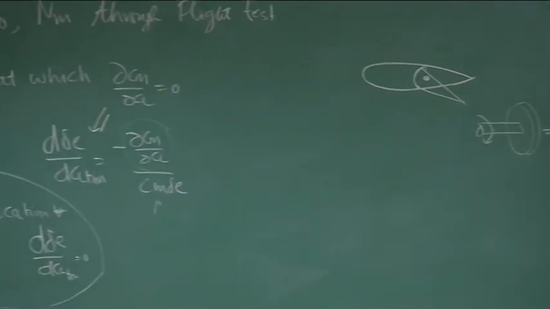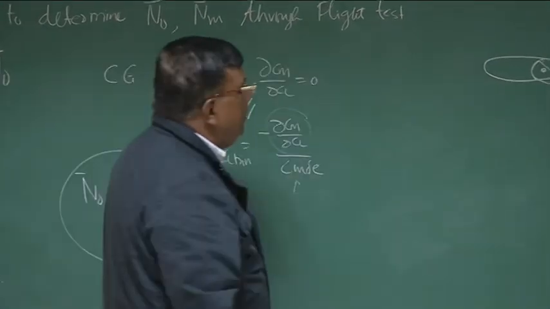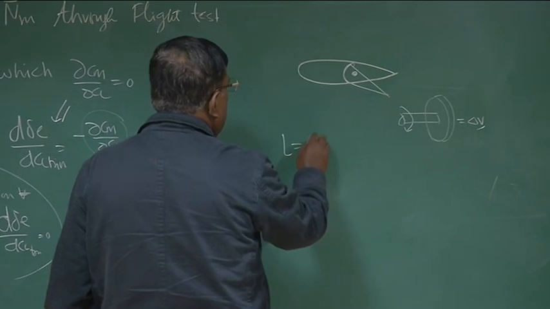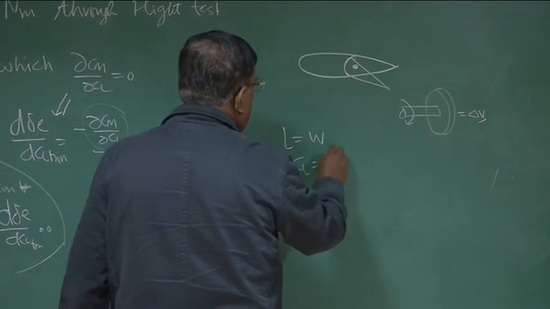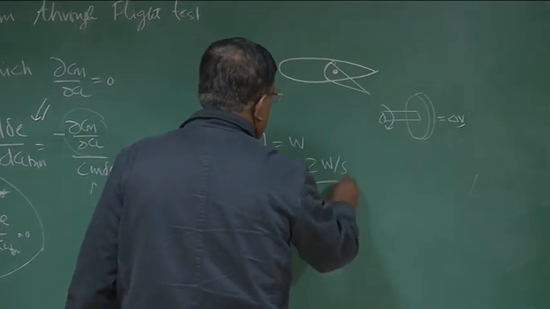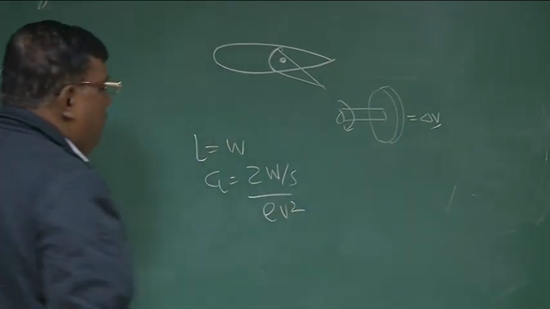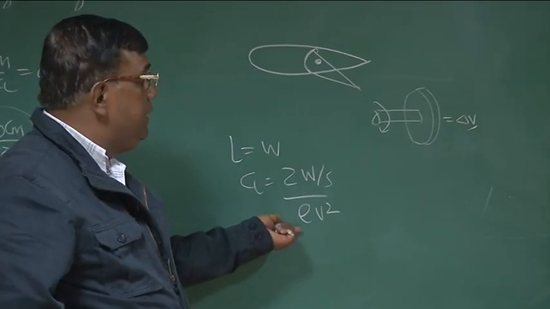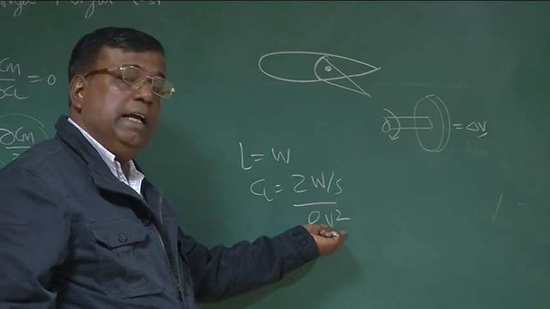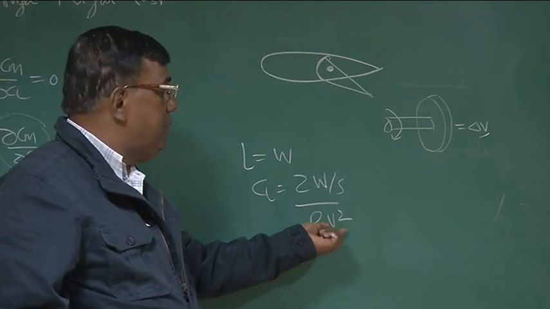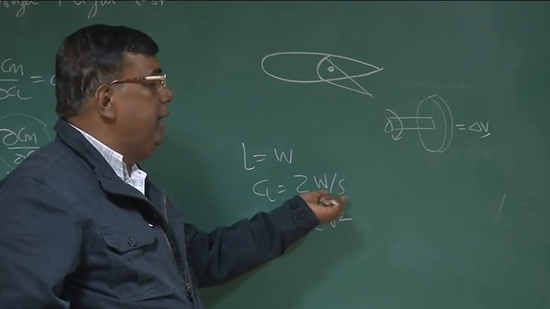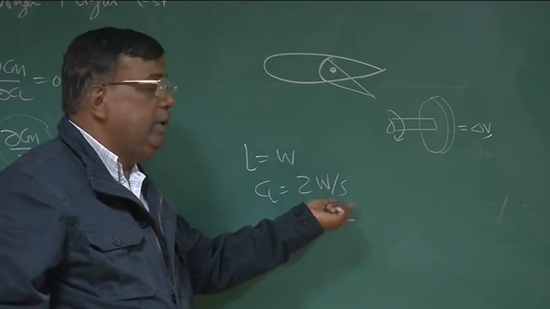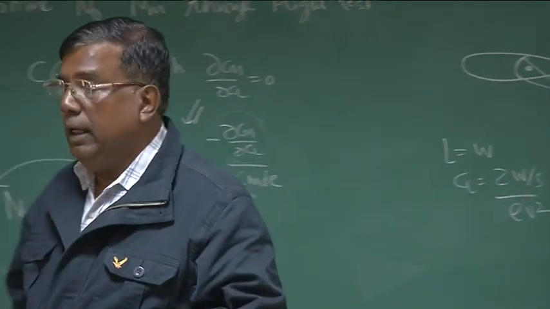So it is easy to measure, and CL trim you can also get, because if lift equals weight, then CL equals 2 W by S by rho V square. If I know what altitude I am flying, I can get the density. If I know what speed I am flying, I can know this v square, and W by S is the weight of the airplane over the wing area. So this I can also compute easily.